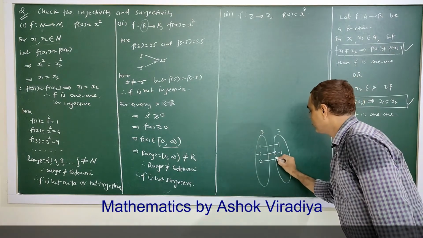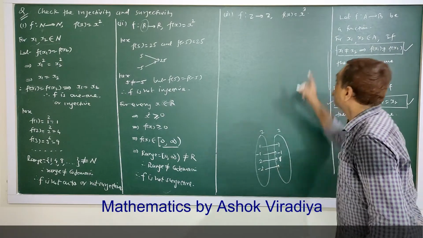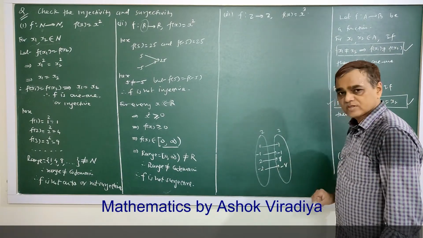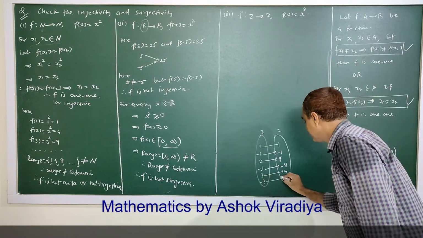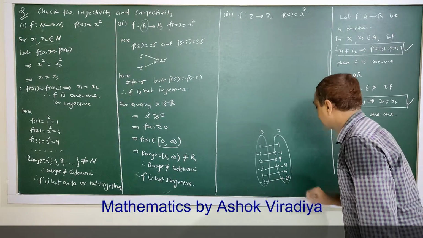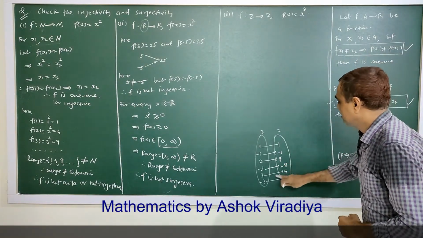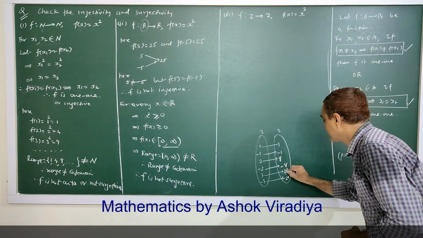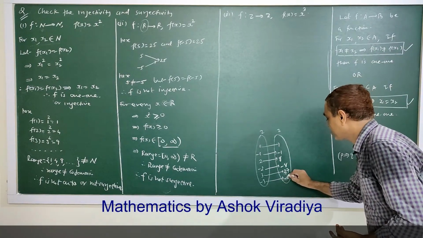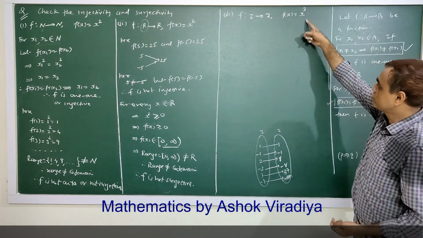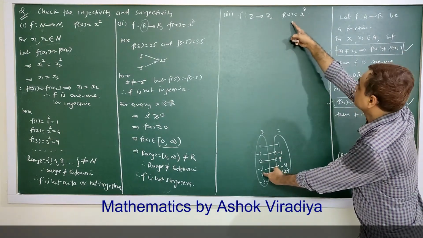If you keep 2, output is 8. If you keep minus 2, output is minus 8. Sorry, here it calculates cube. If you keep 3, it calculates 27. If you keep minus 3, it calculates minus 27. 3 cube is 27, minus 3 cube is minus 27, 2 cube is 8, minus 2 cube is minus 8.